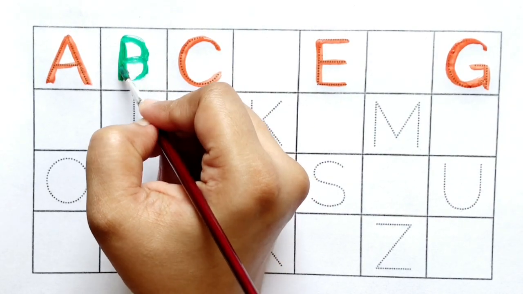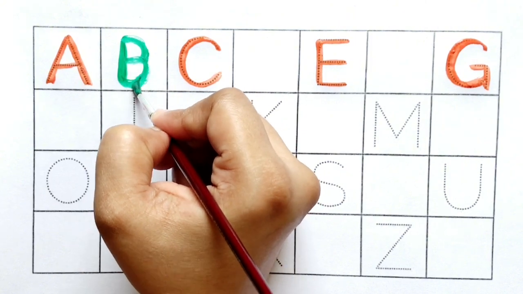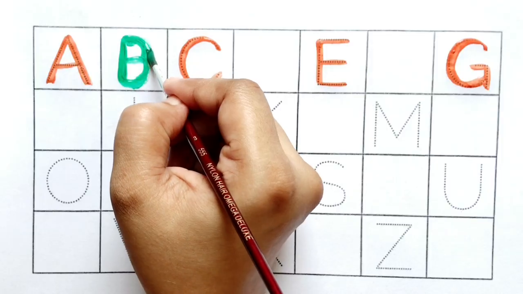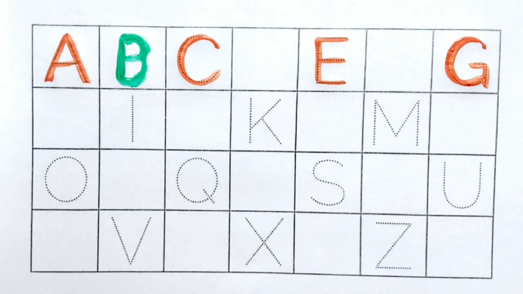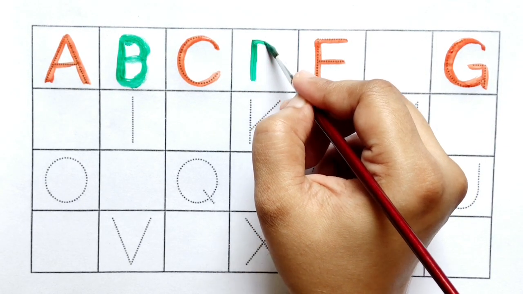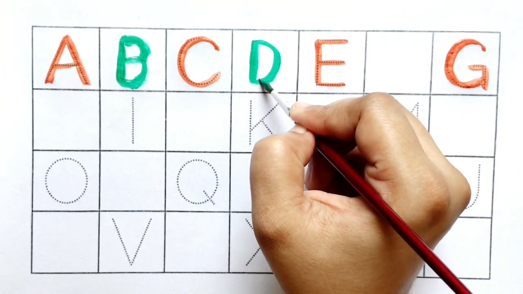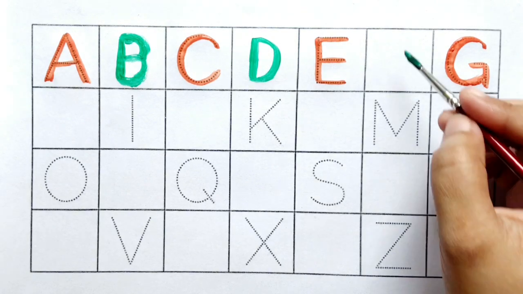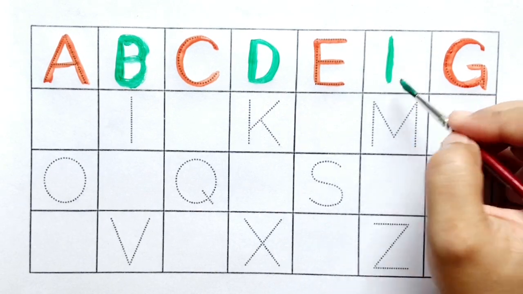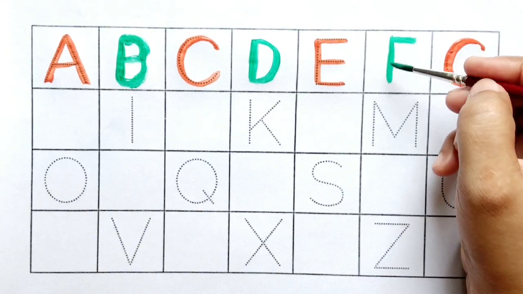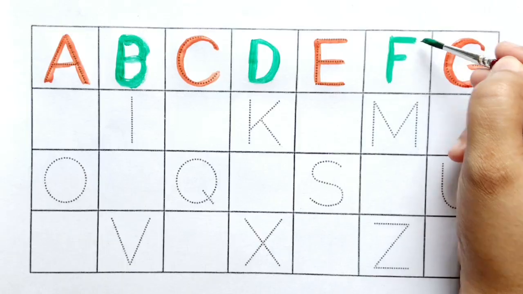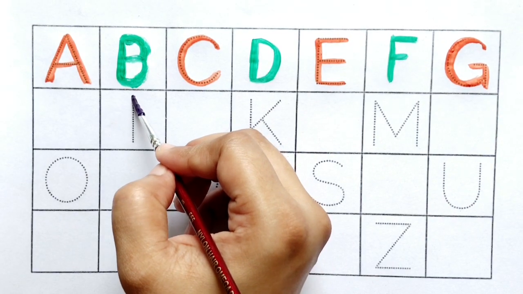B for ball. D for dog. F for fish. Purple color.